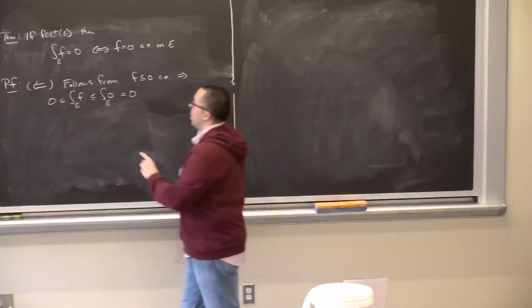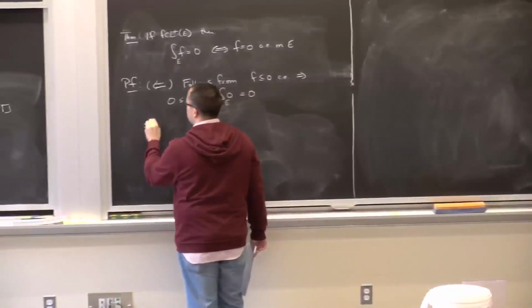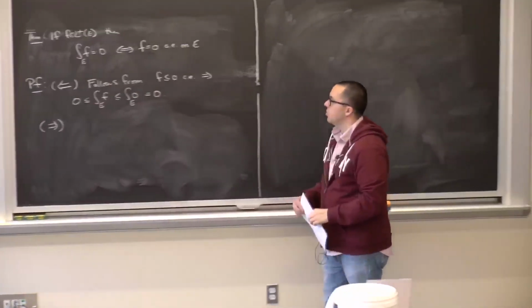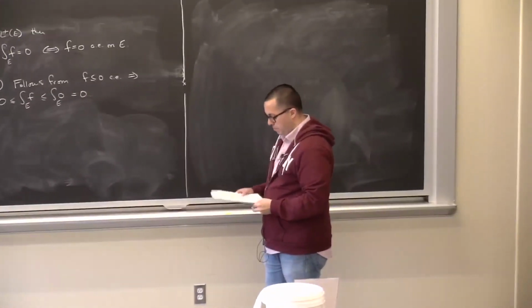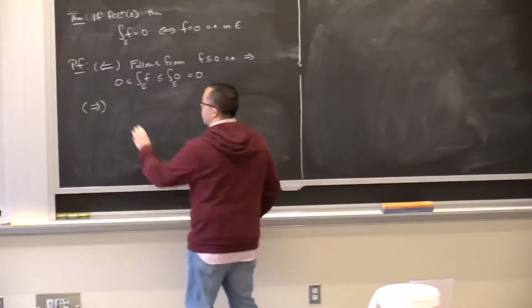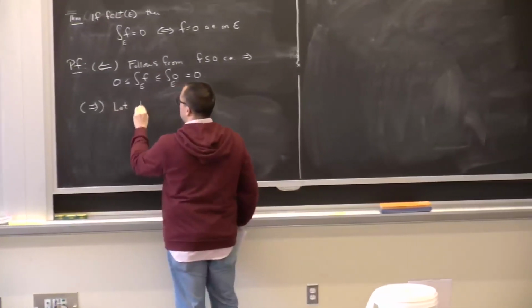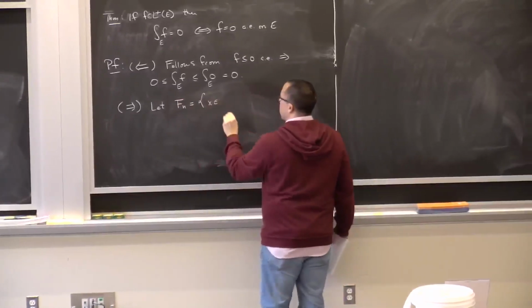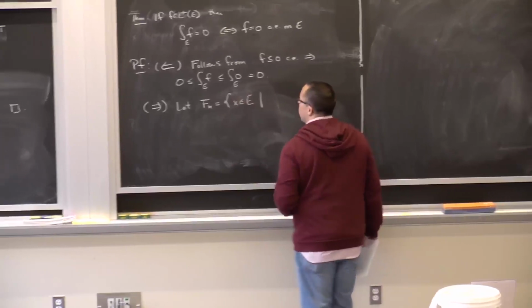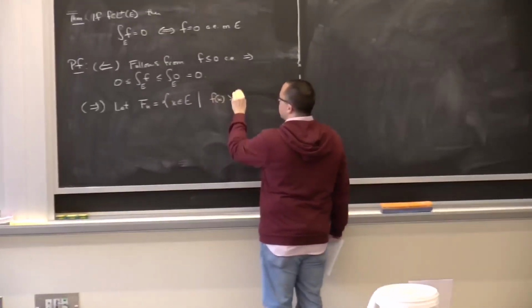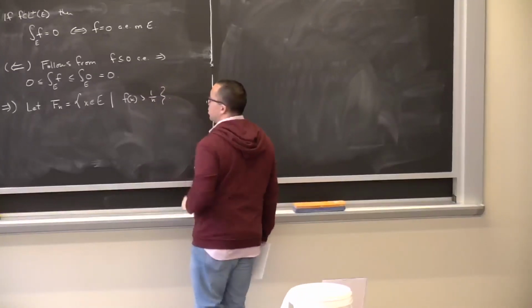Okay? So now how about the other direction, that the integral of f being 0 for a non-negative measurable function implies f is 0 almost everywhere. So let F_n be the set of all x's in E such that f of x is bigger than 1 over n.